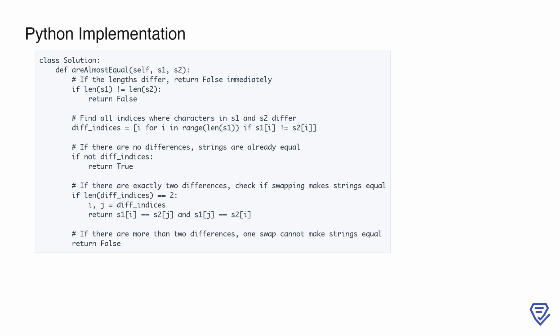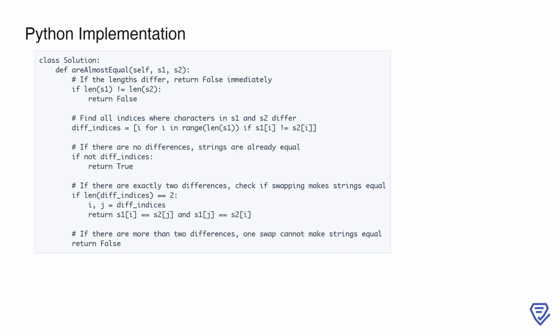Find differences. The diff_indices list stores the indices where S1 and S2 have different characters. This is achieved using a list comprehension that iterates through the strings and collects indices where S1[i] does not equal S2[i]. 3. No differences. If diff_indices is empty, it means the strings are already identical, so the function returns true.